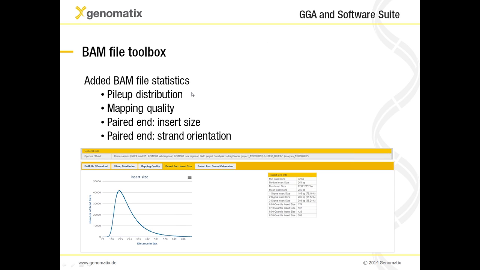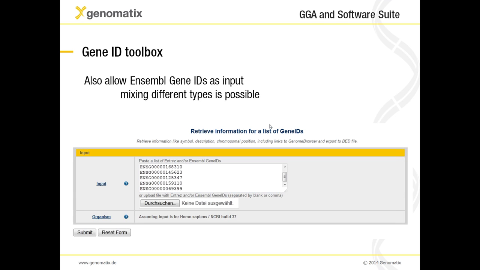If you have a GGA, the generated statistics will be automatically transferred here as well. These statistics include the pileup size distribution, the distribution of the mapping qualities, and for paired end data it also includes an insert size distribution and the distribution of the strand orientation.